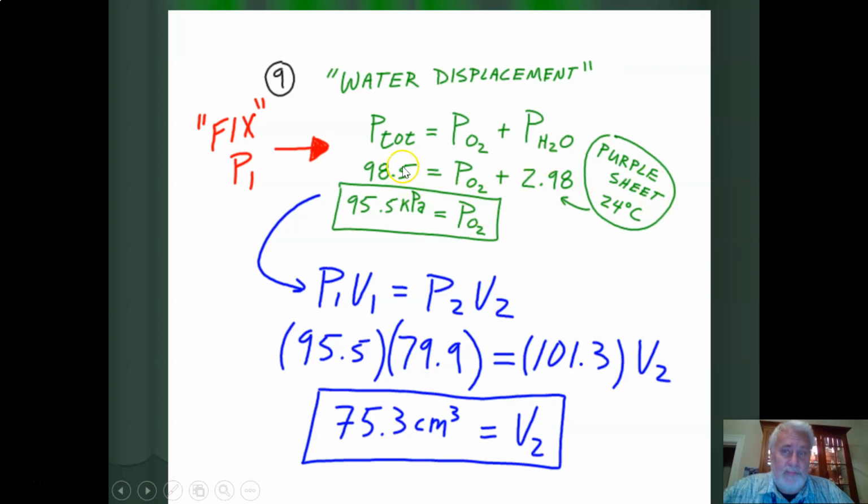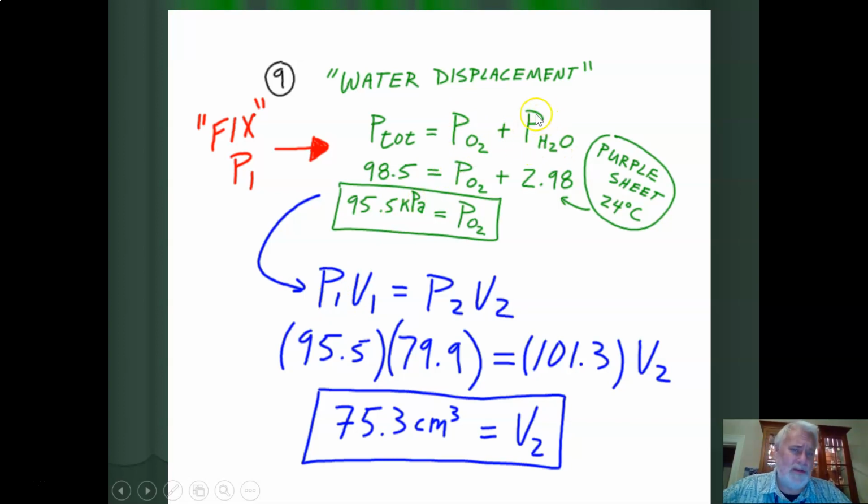Okay, so the first thing, the words water displacement got me into this mode right here, which is to say, well, I know I'm looking for oxygen, and I want to know what the new volume of the oxygen is, but when I collected the oxygen initially, which of course is the one on the left, the initial pressure, it was collected over water.